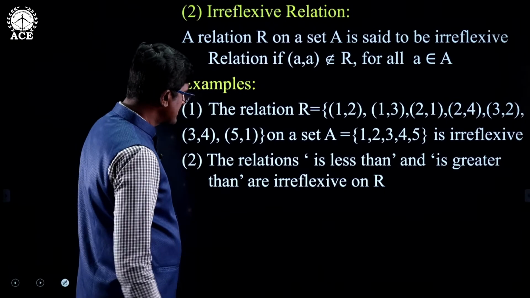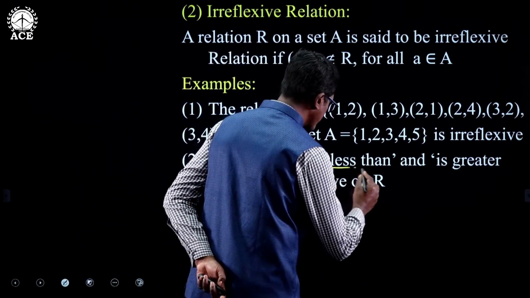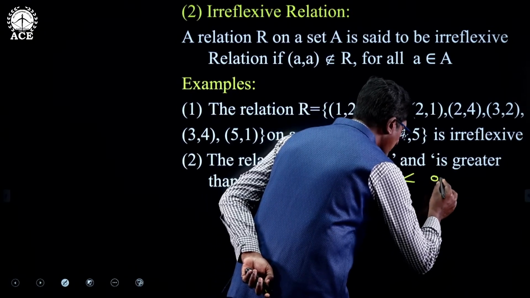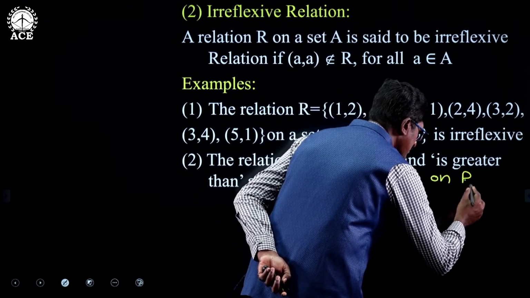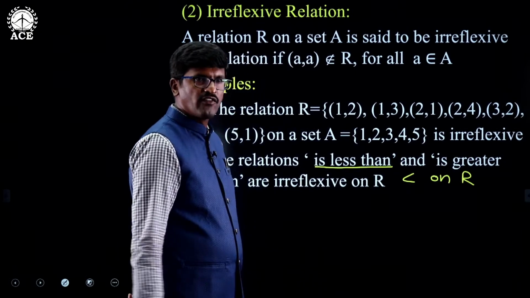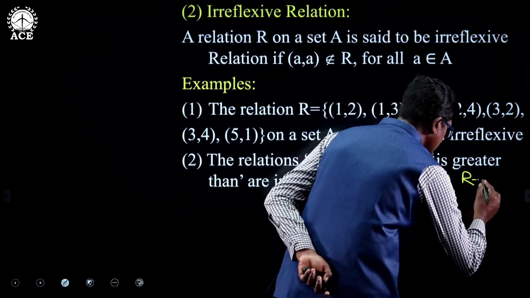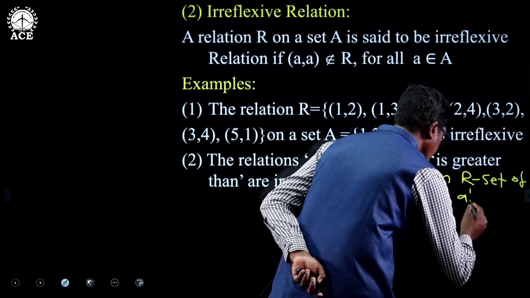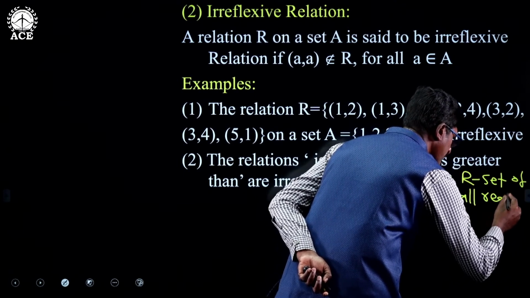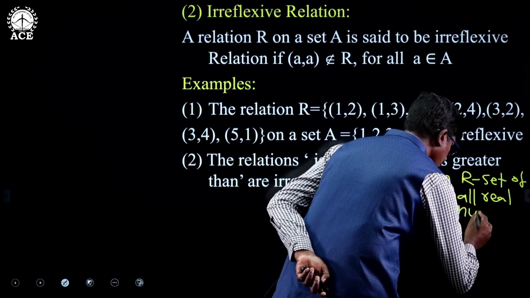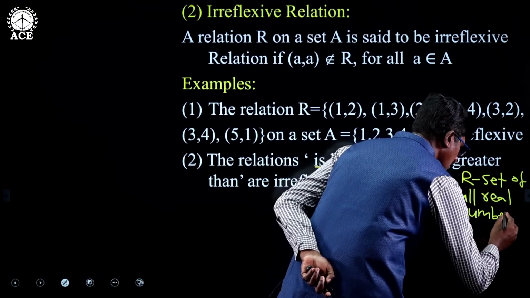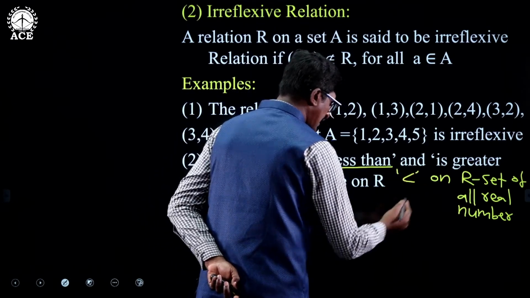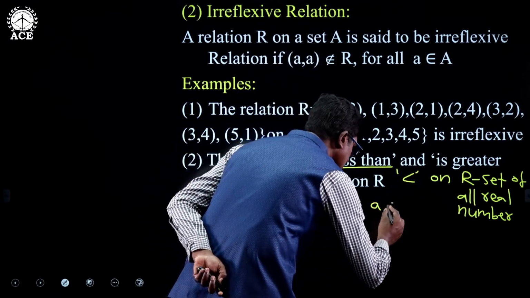The next example is less than. I am taking the relation less than on the set of all real numbers. Here capital R is nothing but the set of all real numbers. Take any element in the real number system.